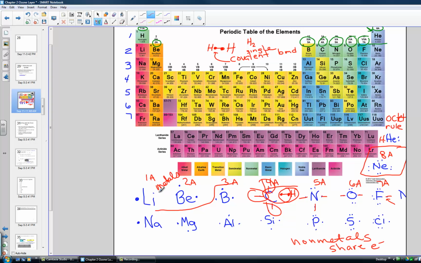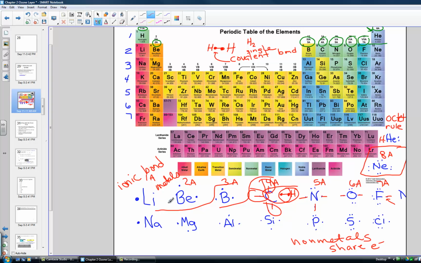But when we move to the world of metals, we will learn that they form a completely different type of bond called an ionic bond, where they're actually losing or gaining electrons. So for our sake, in this particular lesson, we're going to stop the discussion when we move from the world of nonmetals to metals, and later in our course we will reintroduce how metals bond by losing or gaining electrons as ions.